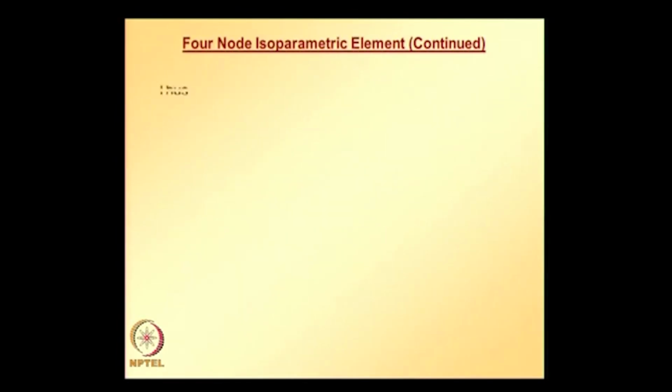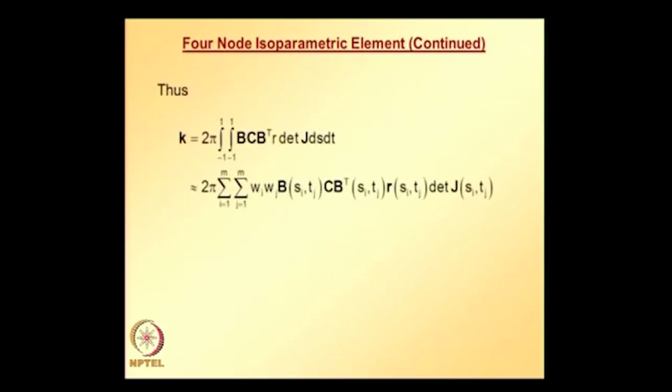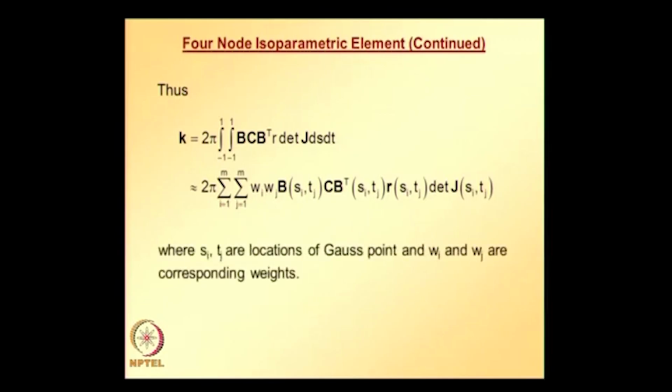Once we decide how many integration points to choose along the s direction and the t direction, we can approximate the element stiffness matrix like this, which involves contributions from different integration points, where Si, Tj are locations of Gauss points, and Wi, Wj are corresponding weights. This is how we can assemble the element stiffness matrix for the 4 node axisymmetric isoparametric element.